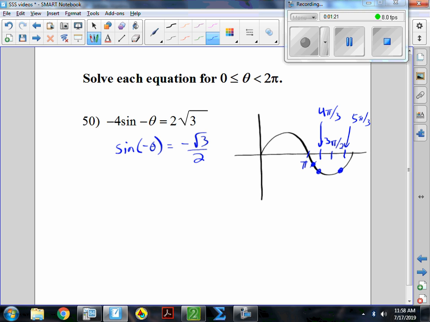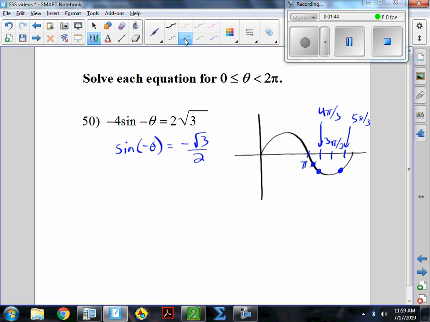Because sine of negative theta equals -√3/2. So that -√3/2 is a bottom value. But we have sine negative theta. So negative theta actually means that we reflect our graph. And with the negative being with the theta, that actually means we reflect it horizontally.